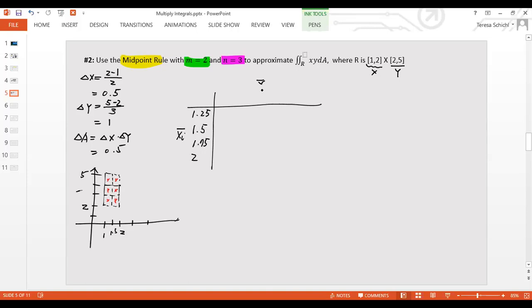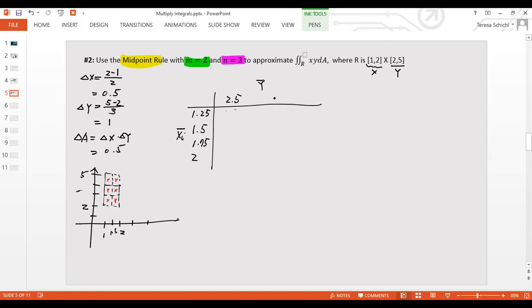Now the y values, so it's the middle, right? So this will be what? I have 2.5, 3.5, and 4.5.